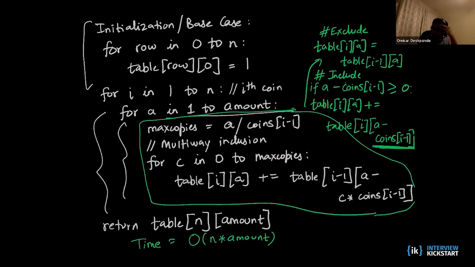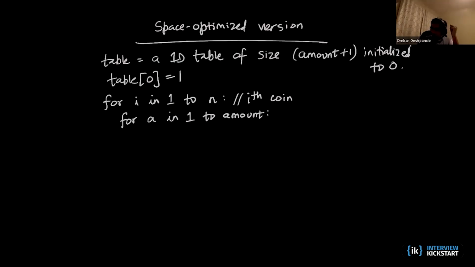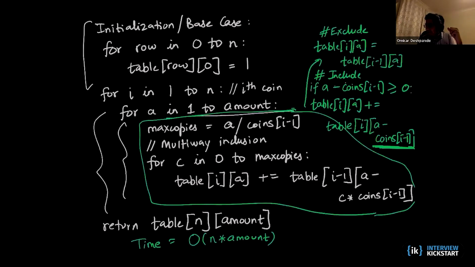So if a minus coins of I minus 1 is greater than or equal to 0, then we're going to increment the value in table of I comma a. Now there is no row index here because it's just a single 1D array.